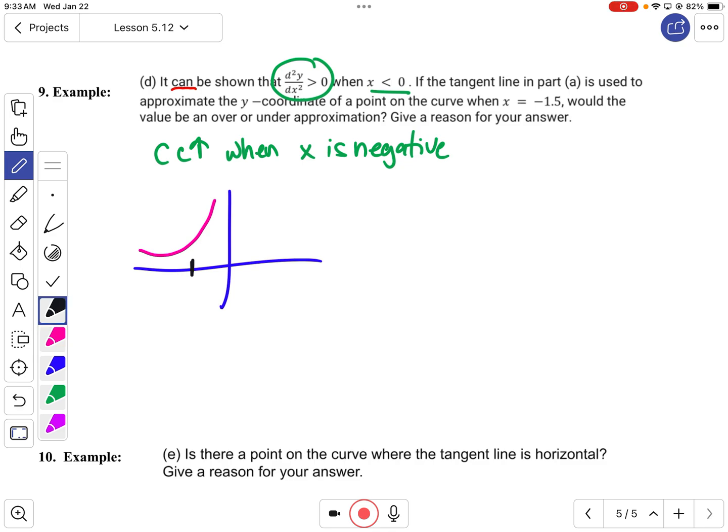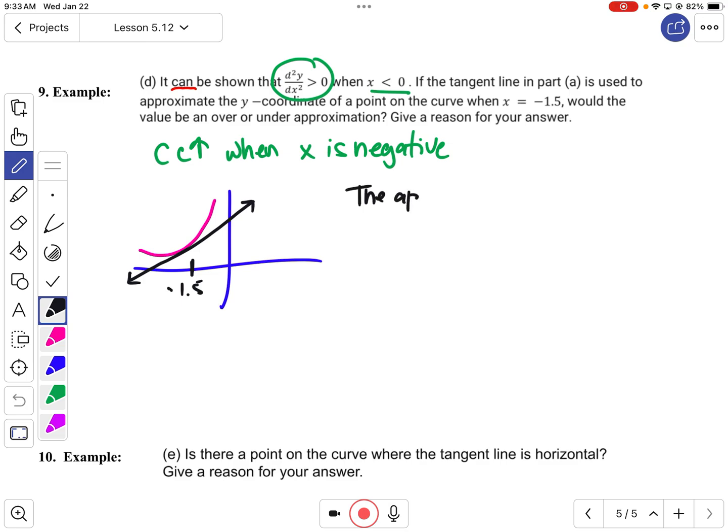My tangent line, we're going to do at negative 1.5. So if my curve is concave up and my line is underneath, what kind of approximation are we going to have? It's an under approximation. It is underneath. So this is why we say it's true.